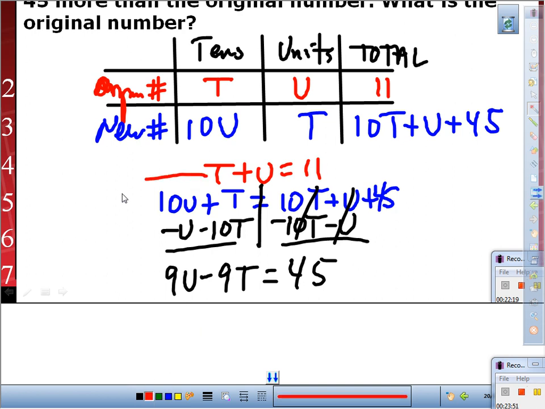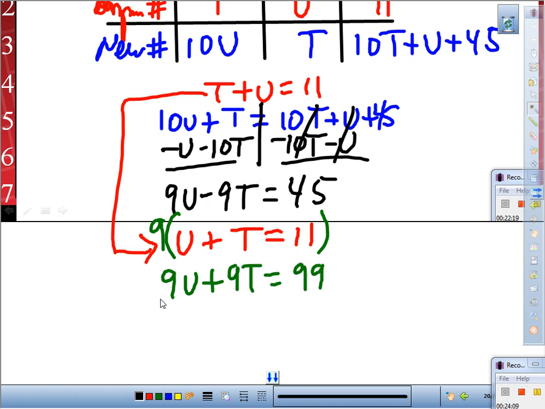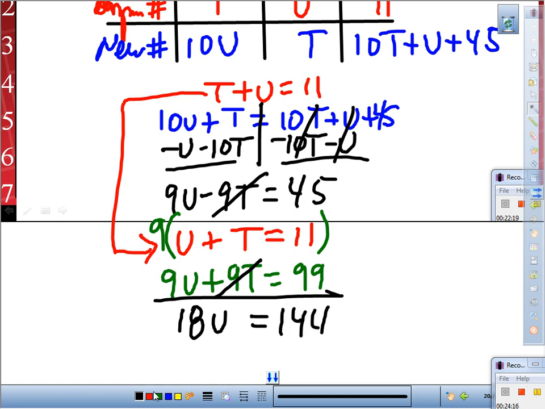From there, we bring this one down, and we would label U plus T equals 11. From there, we multiply the second equation times 9. That leaves us with 9U plus 9T equals 99. So from there, eliminate the T's. We're left with 18U equals 144.